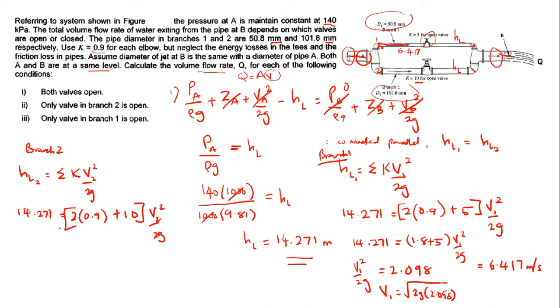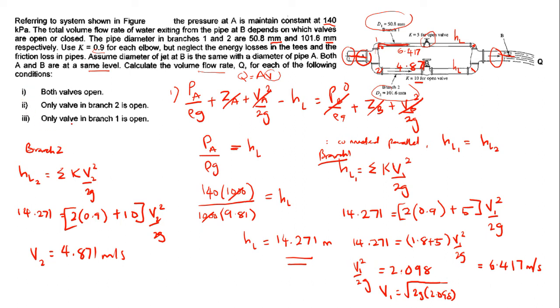If you solve this, V2 is the square root of 2 times g times 14.271 divided by 1.8 plus 10, which is 11.8, and you get 4.871 meters per second. So now we have the velocity in both branches, and now we can solve all the questions.